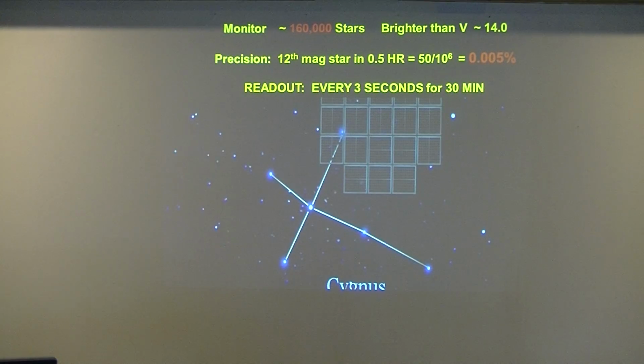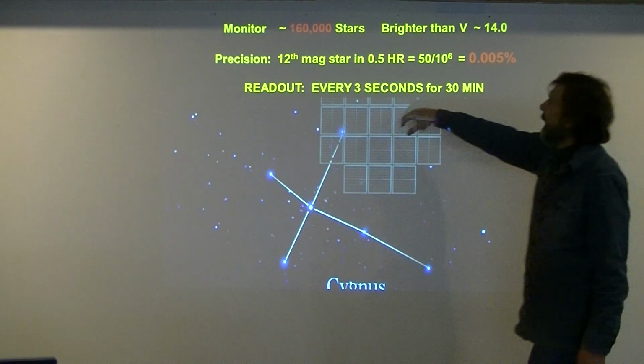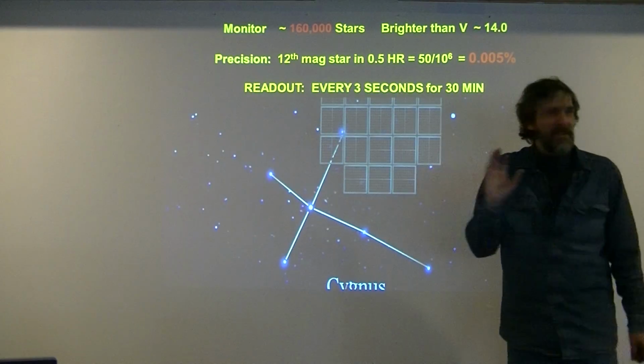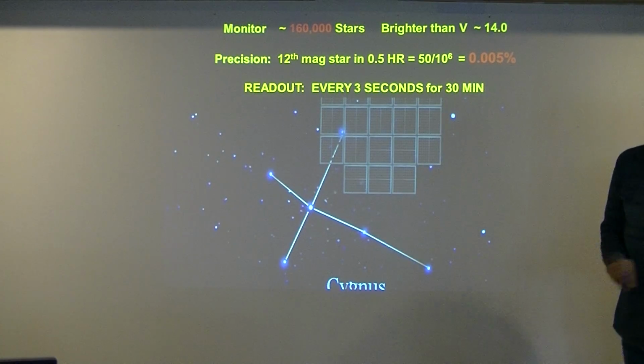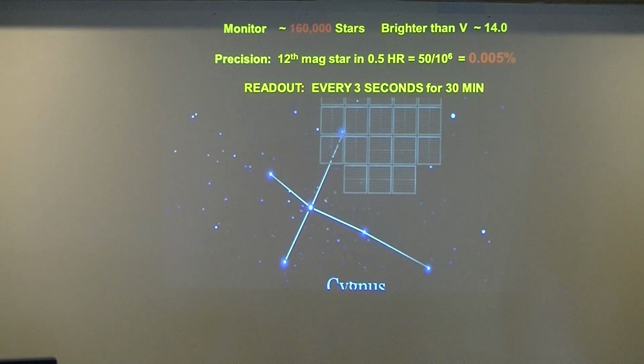If you can change the brightness by less than 100%, I can measure it. All right, example, I look at a 12th magnitude star. If I use this telescope for only half an hour, my precision is down to 5,000ths of 1%. So it's great. If I do it for 5 years, I get tons of data with really high precision.